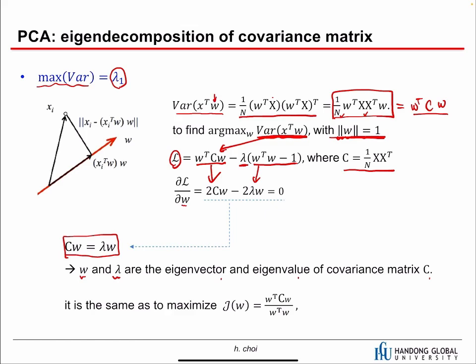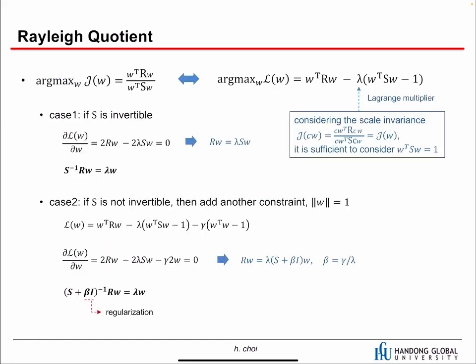Okay, so we can rewrite this problem with this objective function, and this one is a Rayleigh quotient. In general, a Rayleigh quotient can be defined by this ratio. So we have one matrix here and another matrix here. But in the previous slide, S was the identity matrix.